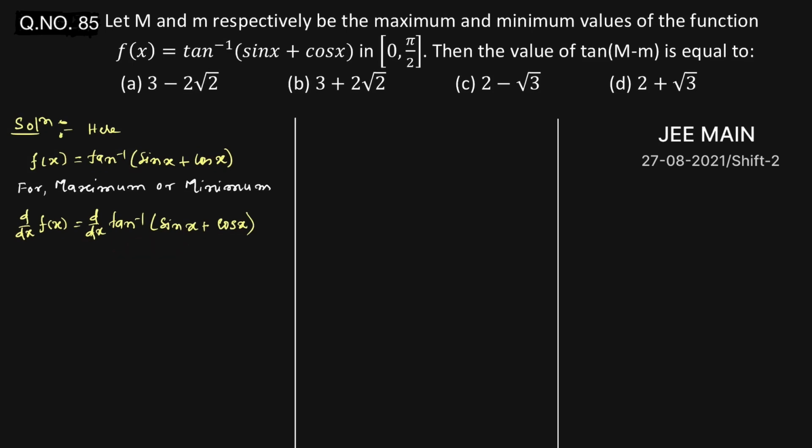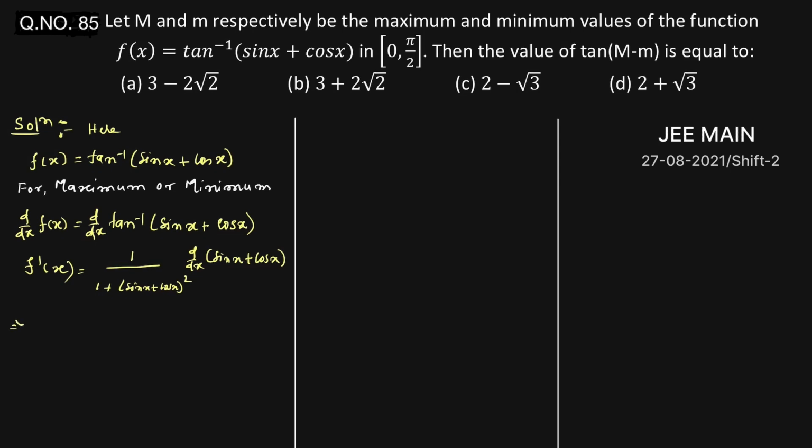Which we are able to write as 1 divided by 1 plus, in the place of x there is sin x plus cos x whole square, times d/dx of sin x plus cos x, which we will get by applying the chain rule. So on the left hand side, d/dx of f of x we write f dash x.